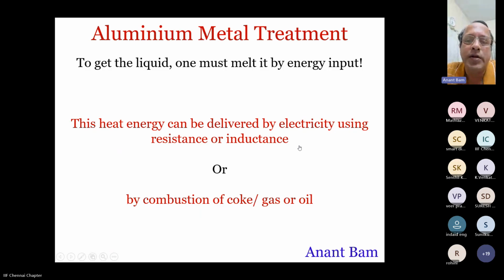This total webinar is dedicated to melting and metal treatment of aluminium. Why? We will understand in coming slides. So to get the liquid, one must melt it by energy inputs, whatever it may be, let it be fuel-fired furnace or electric furnace.